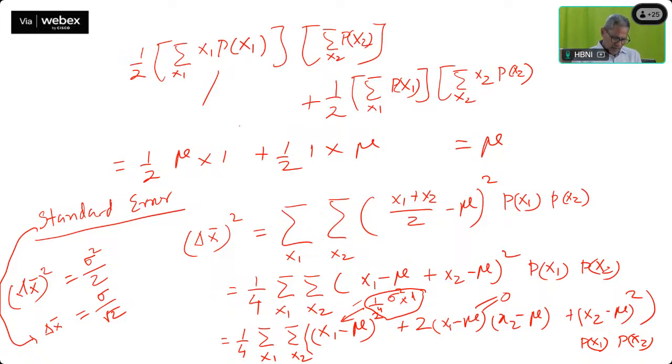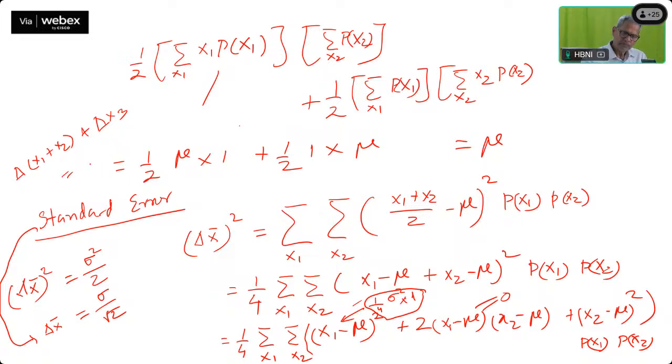Now we calculated for 2 variables. If you want to calculate for 3 variables, you can write delta of (x1 plus x2) again plus delta x3.